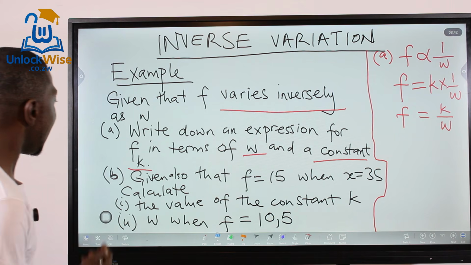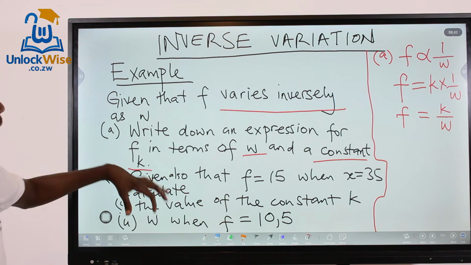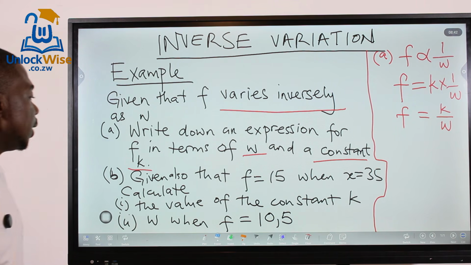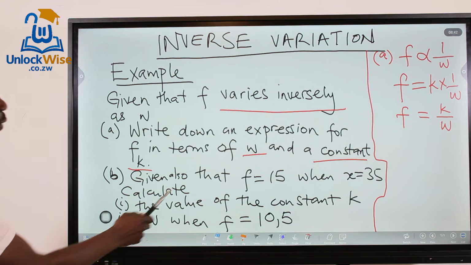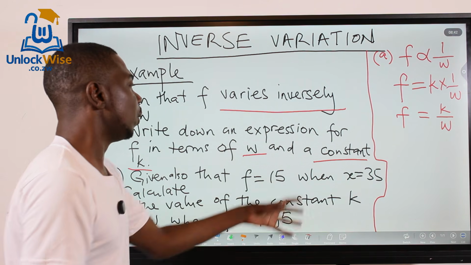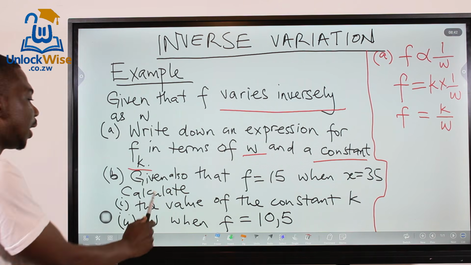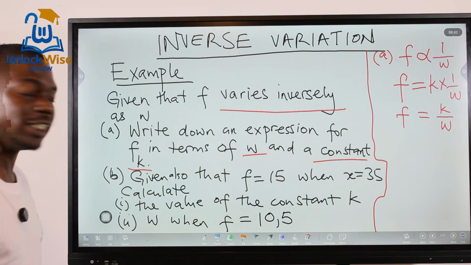Then we are supposed to calculate the value of k, because given also that f is equal to 15 when w is equal to 35, calculate the value of the constant k.